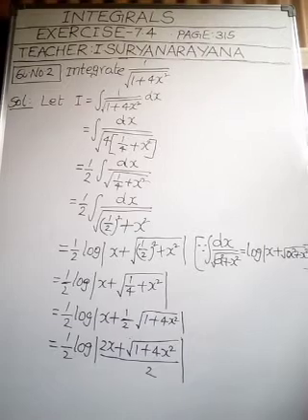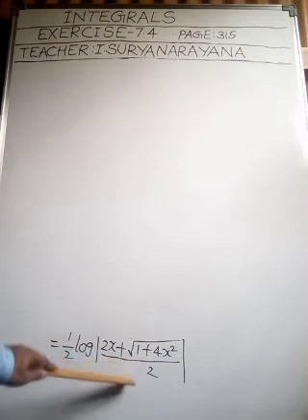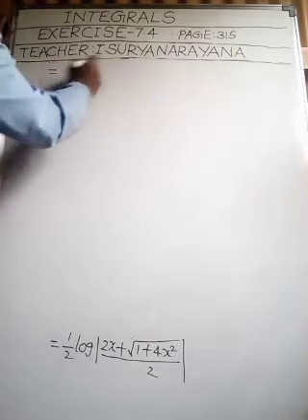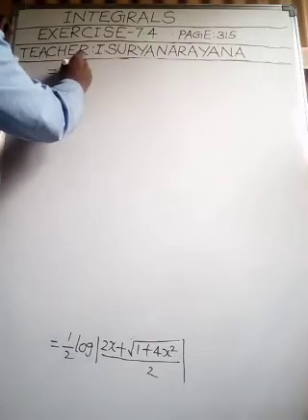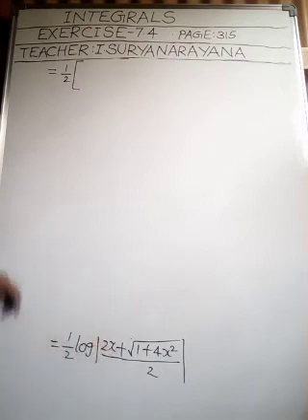Right. Now observe this part, my children. It is in the form of log of a by b. There is a logarithm property, so we use that logarithm property. 1 by 2 into log of a by b can be written as log a minus log b.